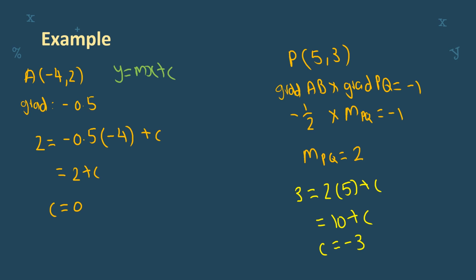Now we're going to sub the gradient and the y-intercept back into y equals mx plus c to get the equation of the line. So the equation of the line PQ is y equals 2x minus 3. And that's how we find the line PQ.